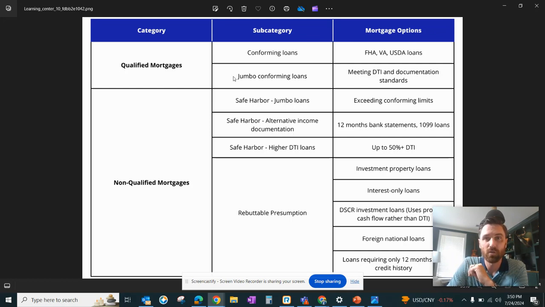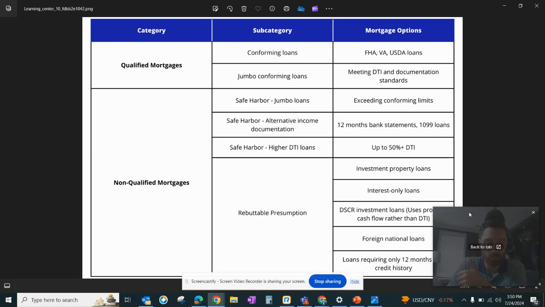Now there's jumbo conforming loans, and you'll see here, and we have access to all of these loan programs, and I've originated most of these. So non-qualified mortgage, this is where you'll see the bank statement program. You'll see it lists investment properties, but you can actually do an investment property up here under conforming loans. But there's interest-only loans. There's DSCR for those types of investment properties.